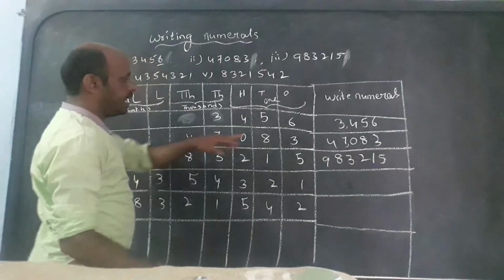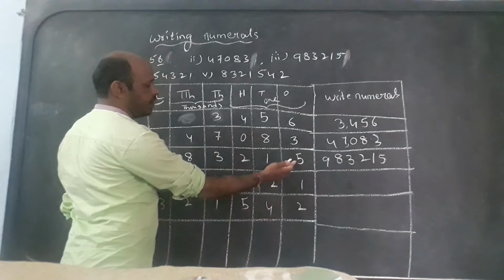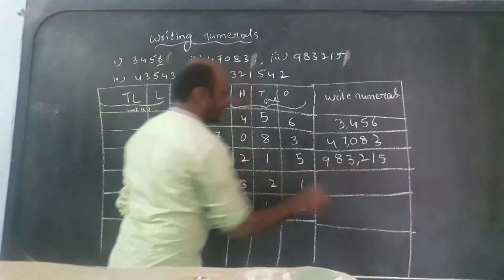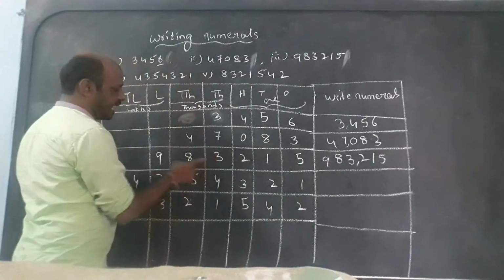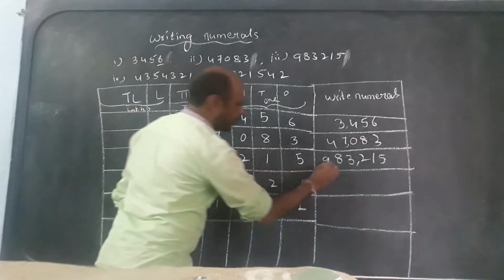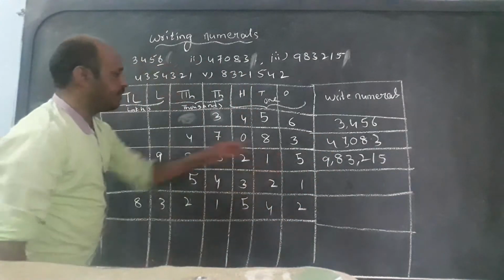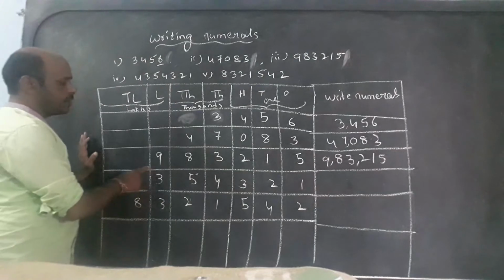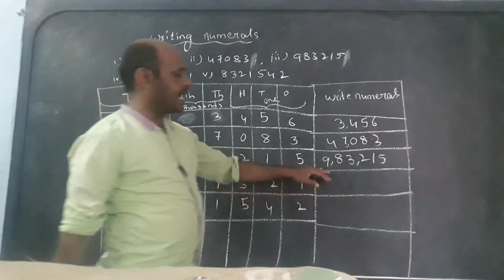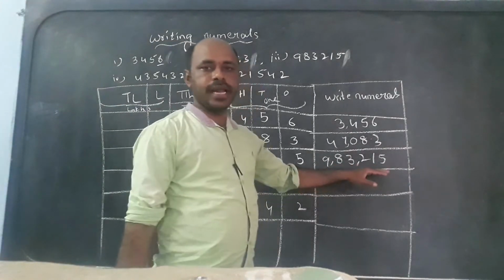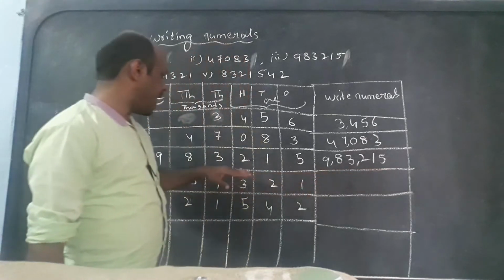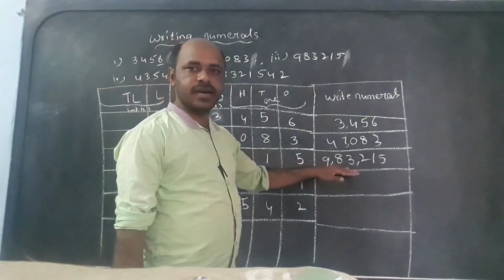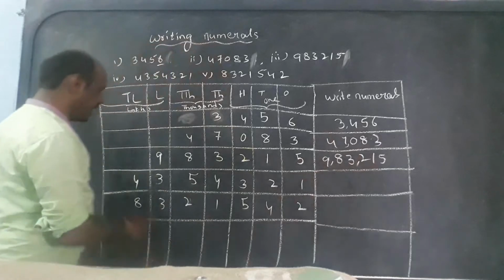See, which digits are in the ones period? 5 to 1 is the ones period. The thousands period is 8 and 3. 9 is in the lakhs period. How do we read this? 9,83,215. We will read it as 9,83,215.